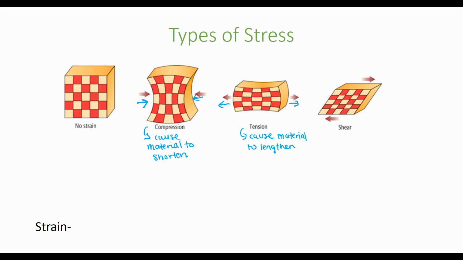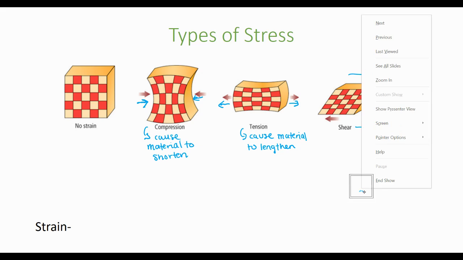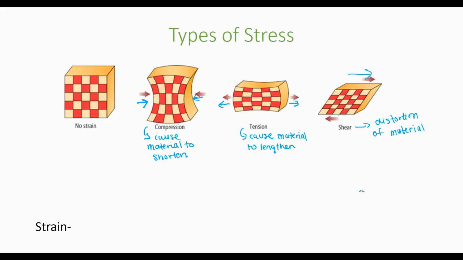And then we have shear, which causes a distortion of material. And this is when we have the force working past each other like this. And the other thing I want to define is strain.